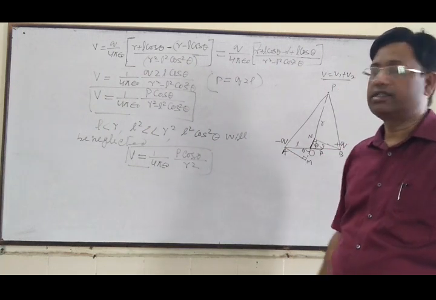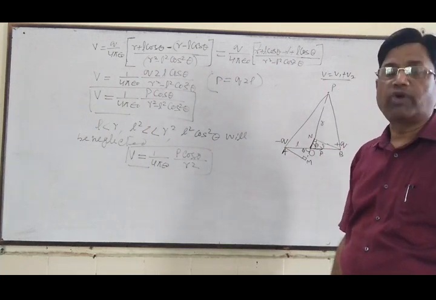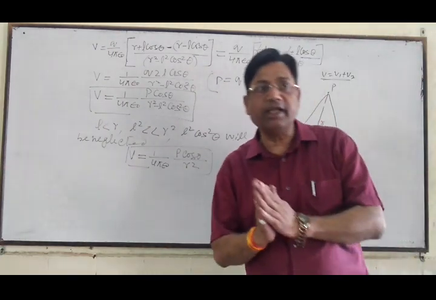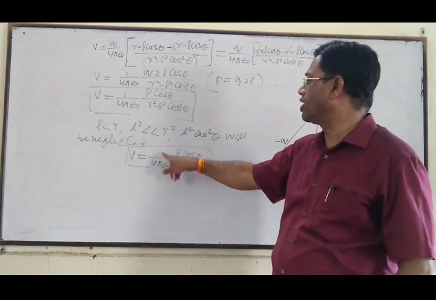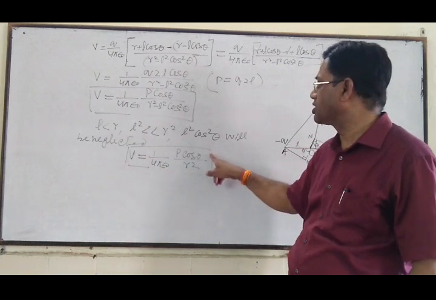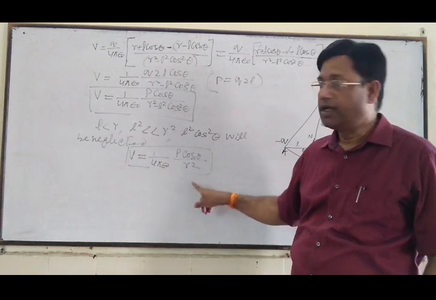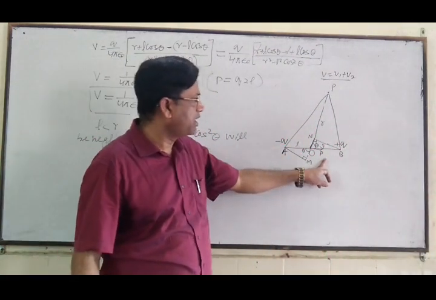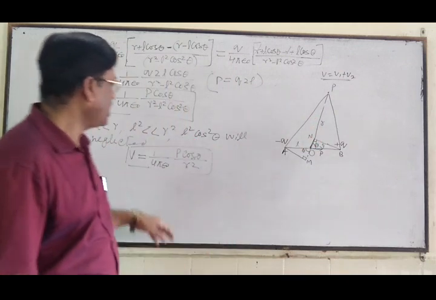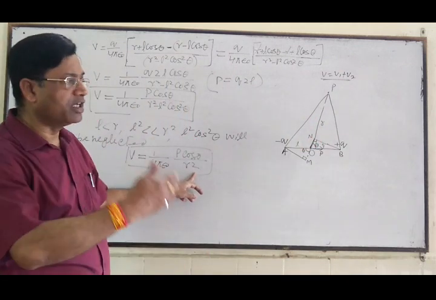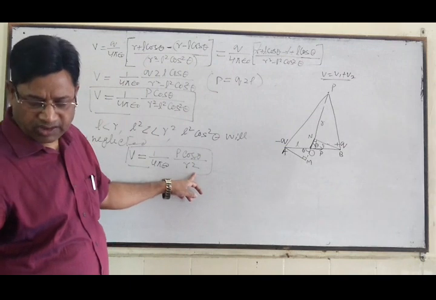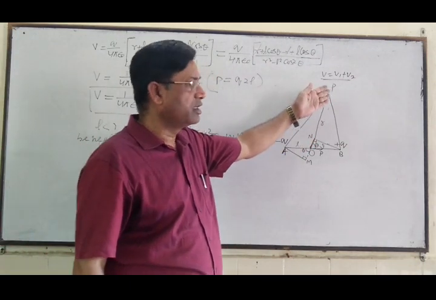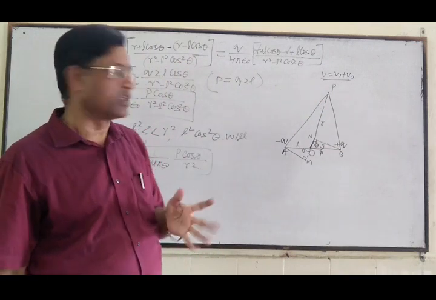Earlier, the electric potential due to a point charge is V is equal to 1 upon 4 pi epsilon naught Q upon R only, and here V is equal to 1 upon 4 pi epsilon naught P cos theta upon R square. Here it depends on an angle also, that is cos theta, the angle between P and R, and moreover it goes as the inverse of the square of the distance of the point at which we have to find the electric potential.